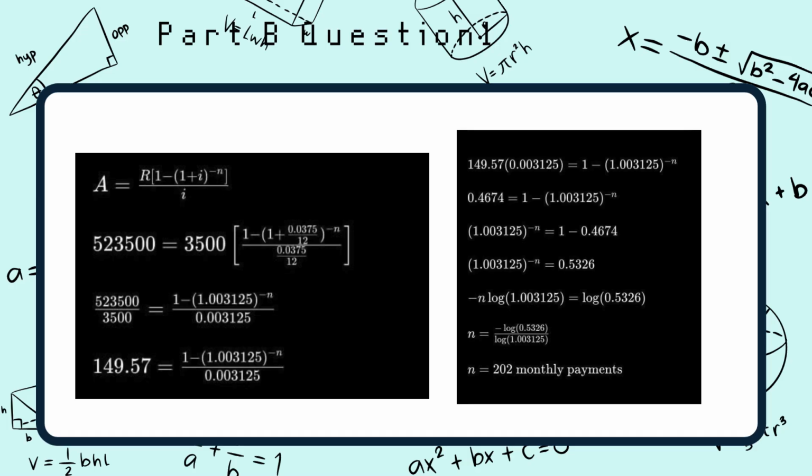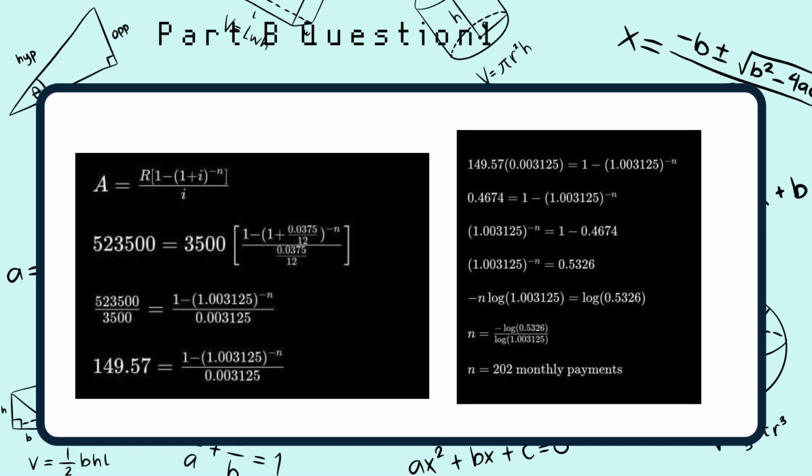And the formula: 523,500 equals 3,500 times (1 minus (1 plus 0.0375 divided by 12) to the power of negative n) divided by (0.0375 divided by 12).